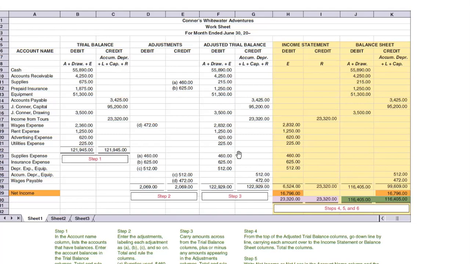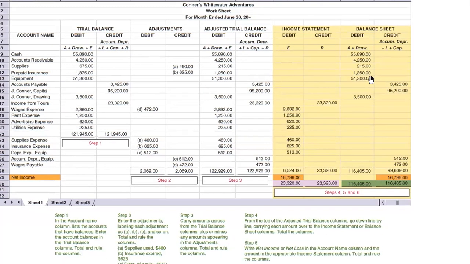And then from there, any of these accounts, namely revenue and expenses, that belong on the income statement get transferred over here, copy and pasted, if you will, to the income statement. And any of the accounts, assets, liabilities, equity accounts that belong on the balance sheet or the statement of owner's equity get transferred over here to the balance sheet or statement of owner's equity, right?